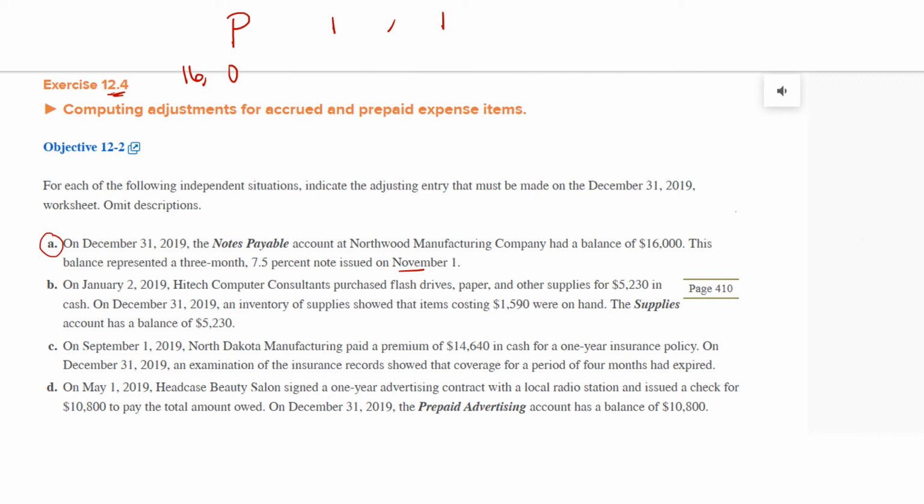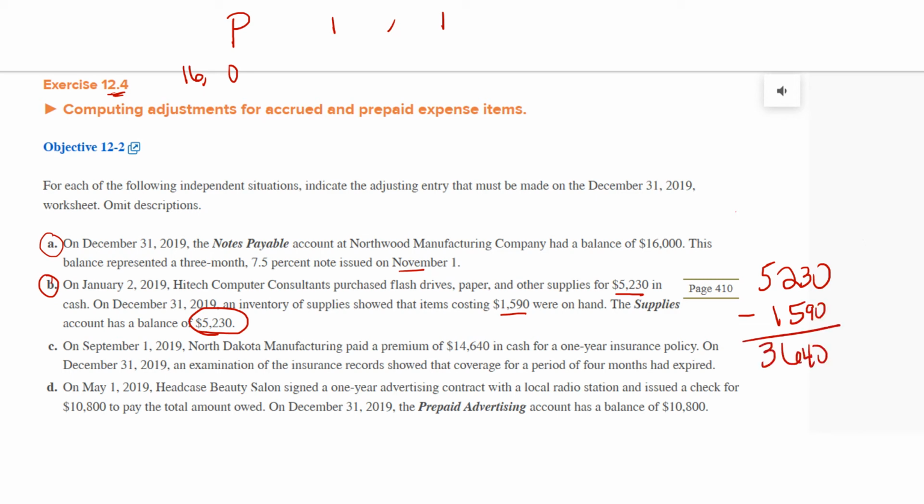On letter B, it says on January 2nd, this company bought some flash drives, paper, and other supplies for $5,230. On December 31st, an inventory shows that $1,590 were on hand. The supplies account had a ledger balance of $5,230, so we have to adjust that. You take the $5,230, subtract the $1,590, and that gives you $3,640.